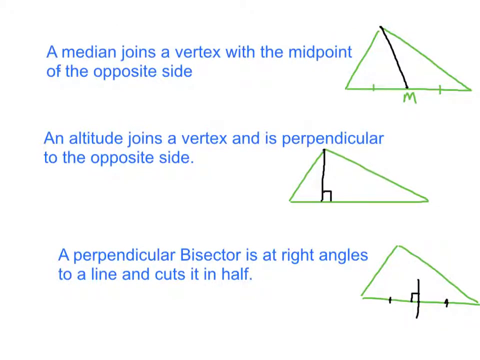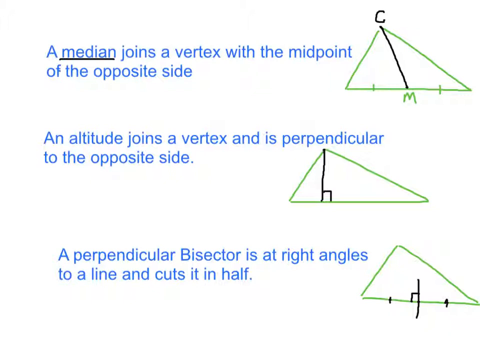Now, something special, particularly for triangles. For merit and excellence, you need to be able to use proper geometric vocabulary. One word that's very important is a median. If you have a line drawn from a vertex, a corner, say from vertex C, across to the midpoint of the other side, this is a median.